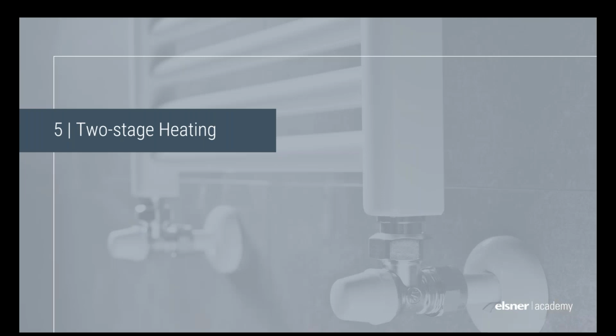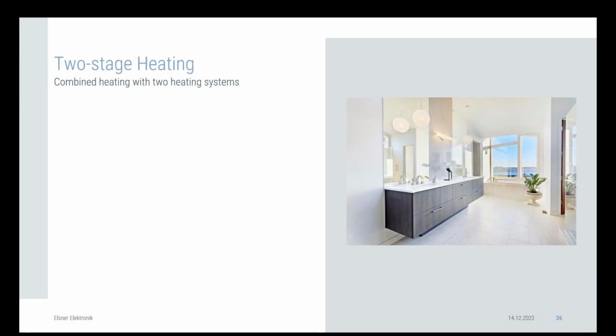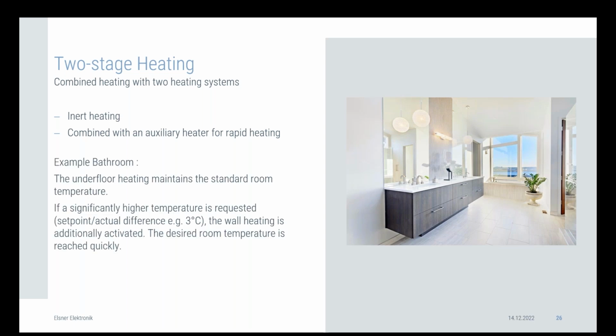Okay, now we're going to discuss the two-stage heating. So the two-stage heating is a combined heating with two different heating systems. So for example, the inner heating combined with an auxiliary heater for rapid heating. For example, you have the underfloor heating, but you also have a wall-mounted heater that should work very well together, as here in this example of the bathroom.